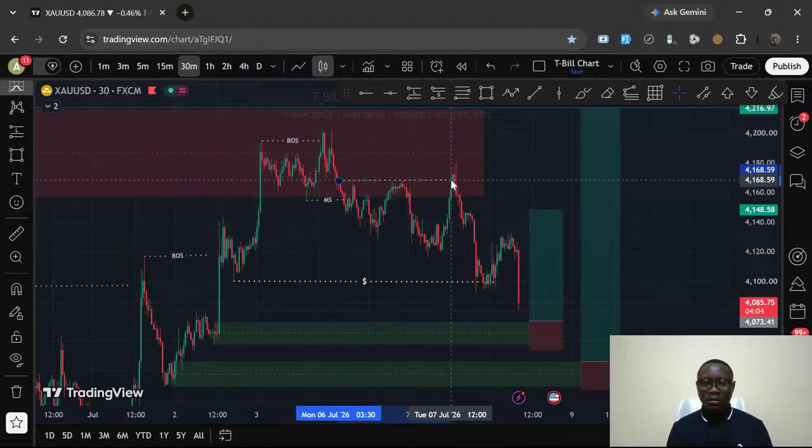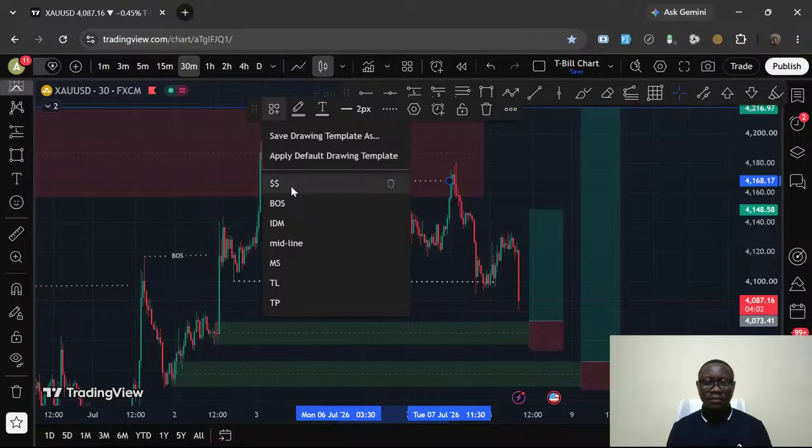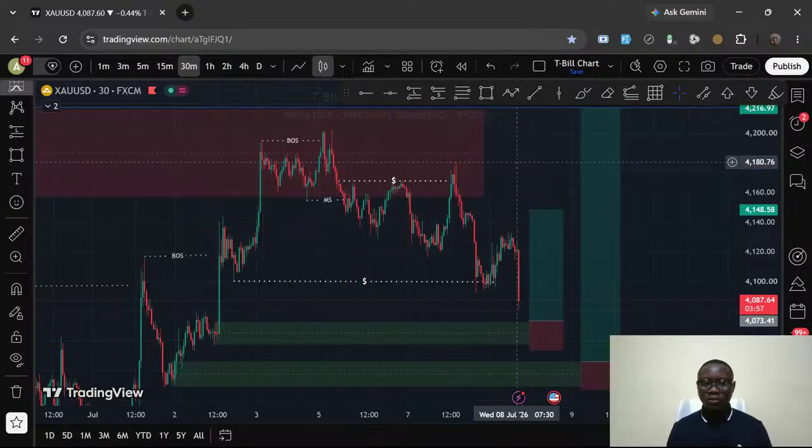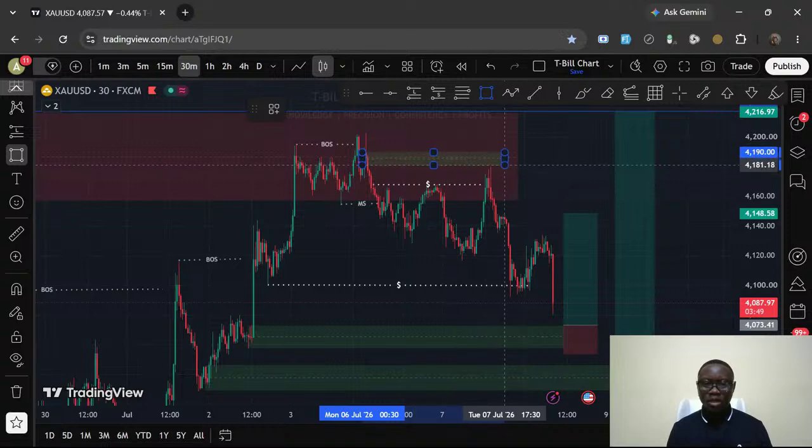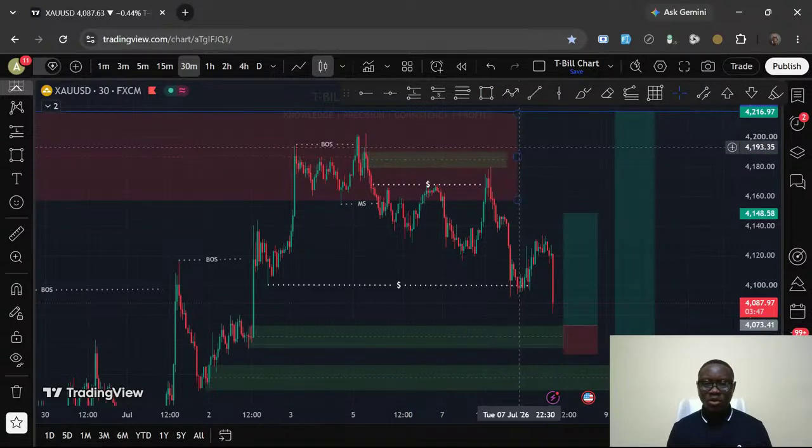And idea, we call it liquidity, however you want to. And then this is our point of interest, which price has already tapped into.